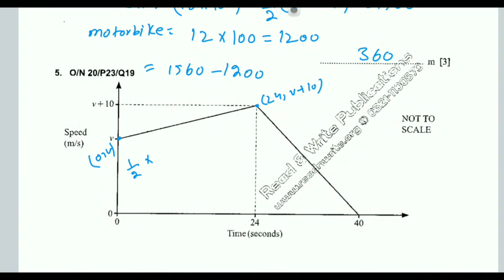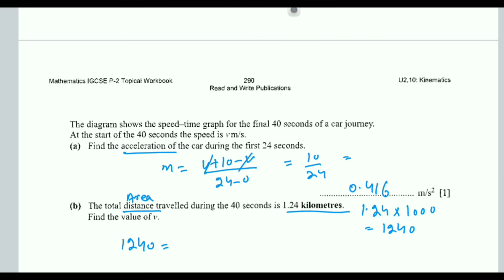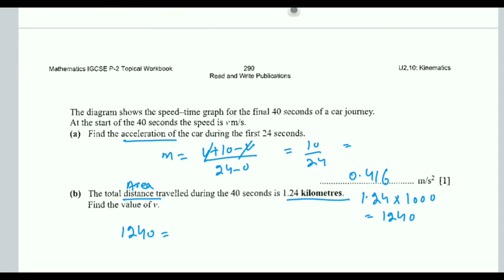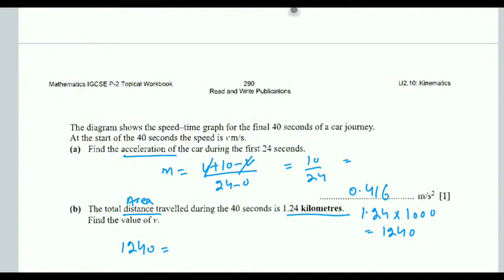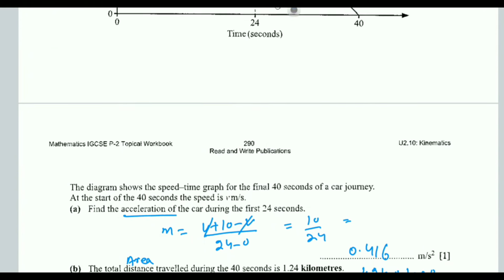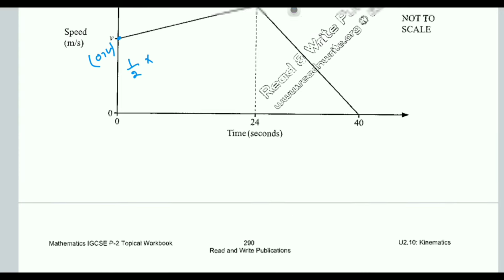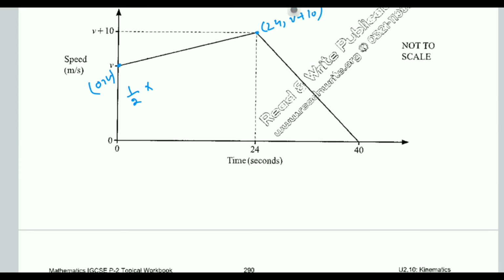One over 2 into the height. As I told you, the opposite side of the slope is the height.